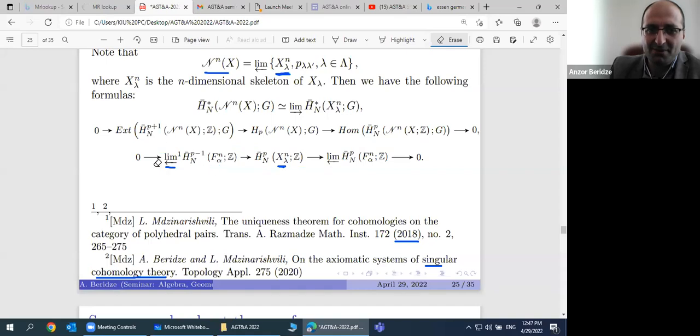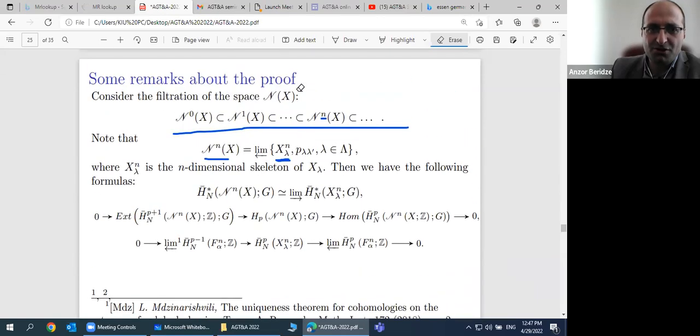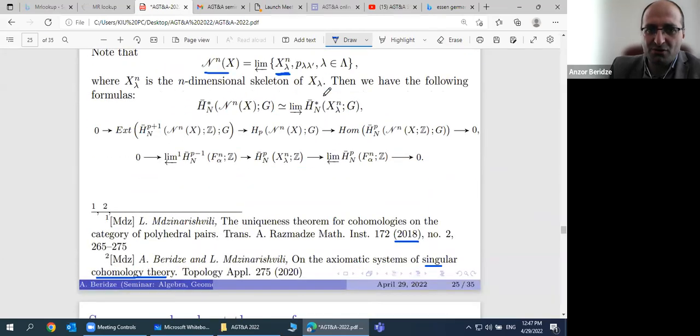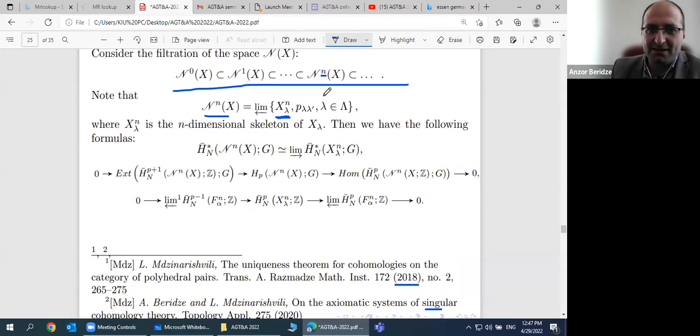Why? Because if we start from a topological space, the homology theory of this topological space is isomorphic to the homology theory of this limit space. And I need to calculate the homology of this limit space. But I will consider the filtration and cohomology.